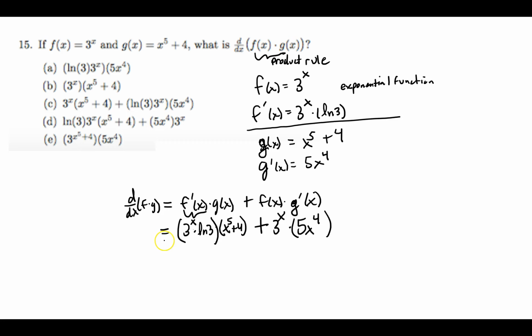Letter D. They just put the ln 3 out front, ln 3 times 3 to the x times x to the 5th plus 4, plus, and then they put the 5x to the fourth first, but it's all the same. That's letter D. Okay, product rule, but with an exponential function.